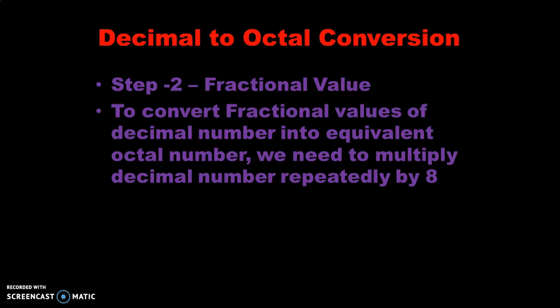So for the integer value there is repeated division by 8, and for the fractional value we have repeated multiplication by 8. So now let us take one example, and then it will be very clear for you.